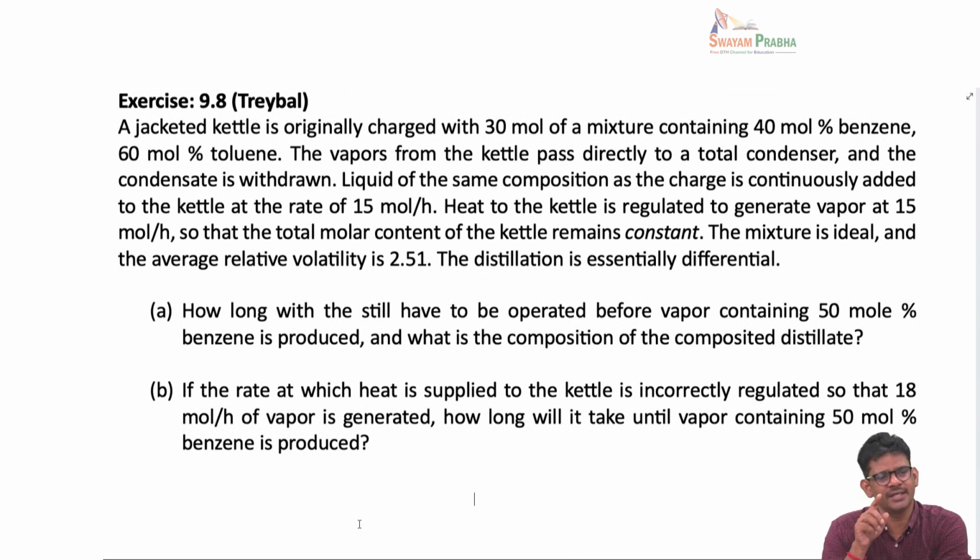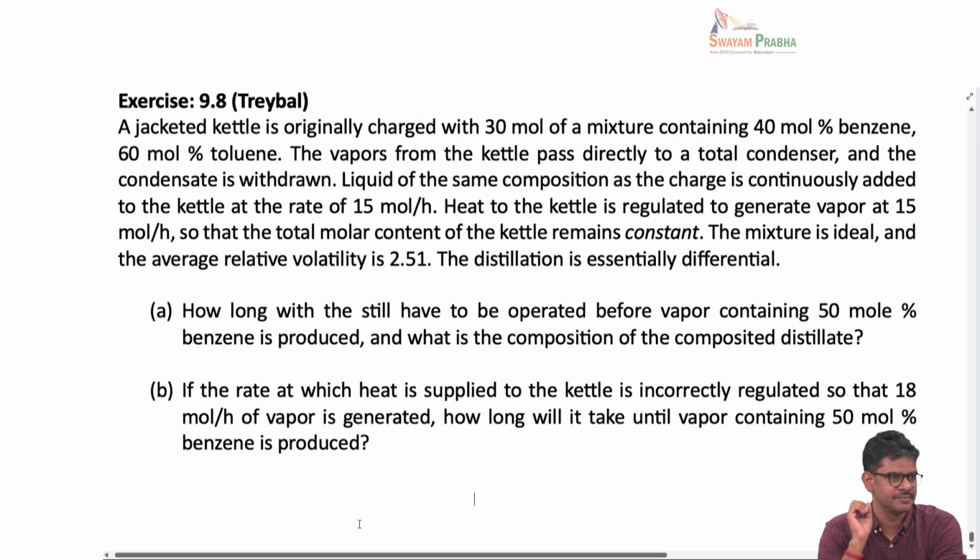This is steady state in the context of the flow rates, but in the context of composition, that is not the case. The inlet composition will be the same because feed is coming at a particular flow rate at a particular composition. So feed composition is constant, but the composition in the still or in the kettle and the composition of the outgoing vapor will be continuously changing.